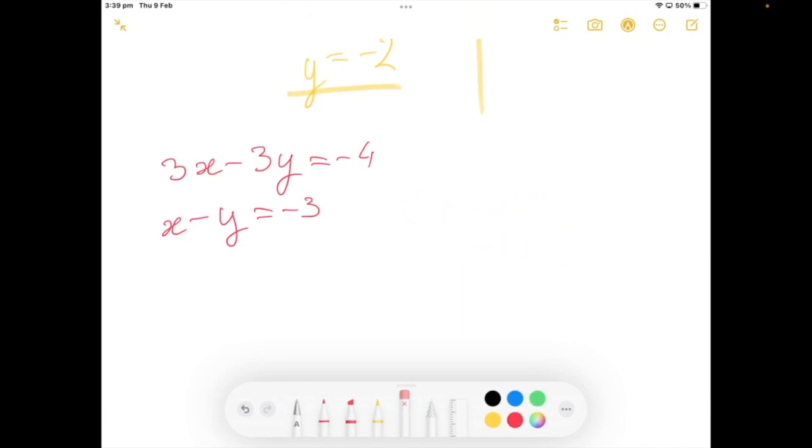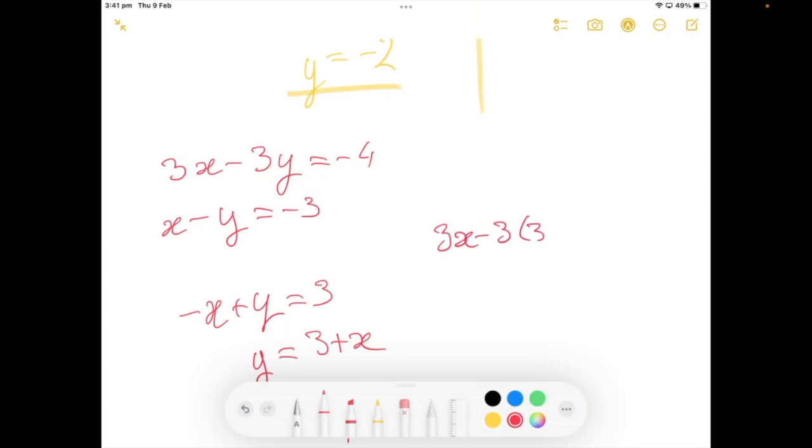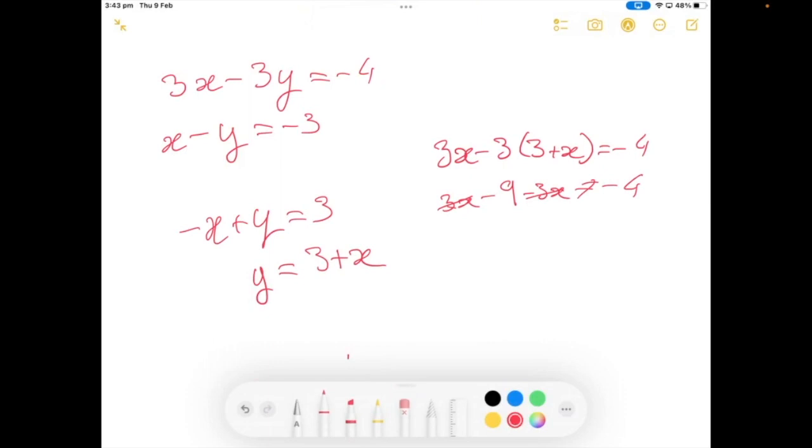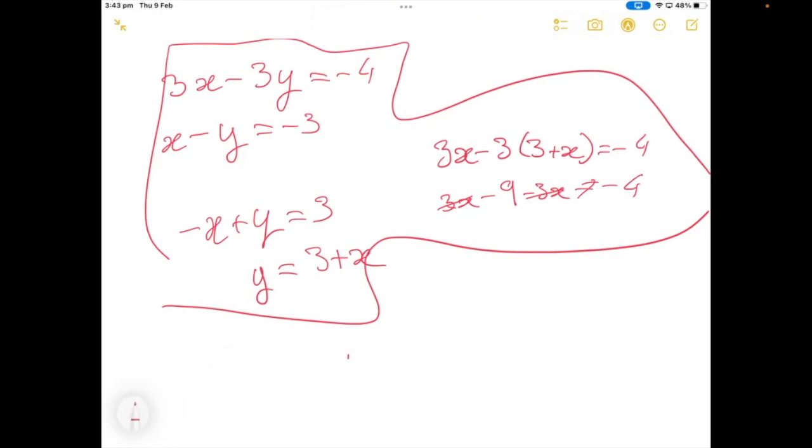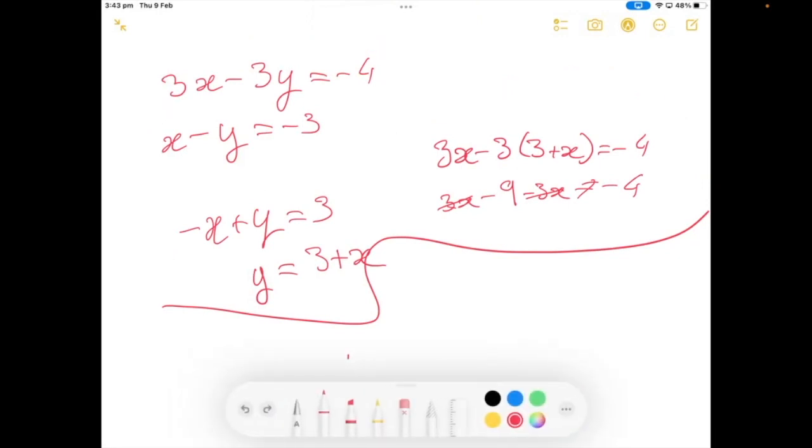It's very interesting. If I were to multiply everything by negative 1, which would then be negative x plus y, and then 3 should be equal to 3 plus x. Alright, so I have concluded. I can't find anything, so I'm going to assume that it's one of those equations that are not meant to be solved, and they're just there to mess with you.